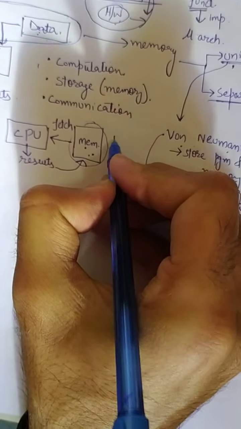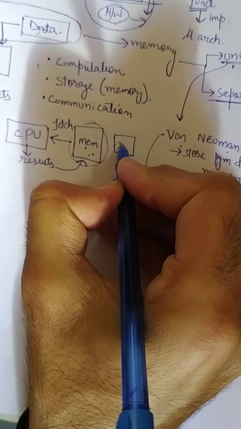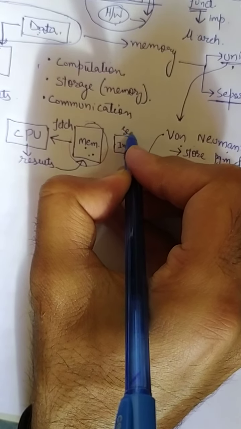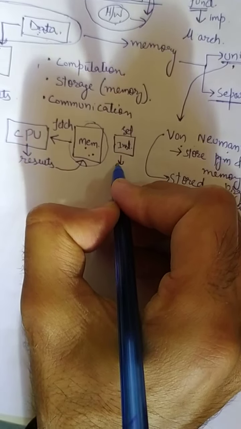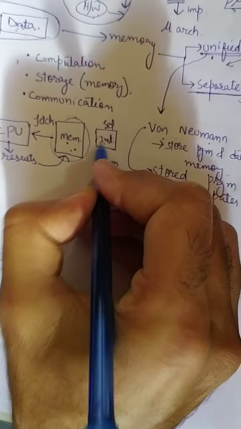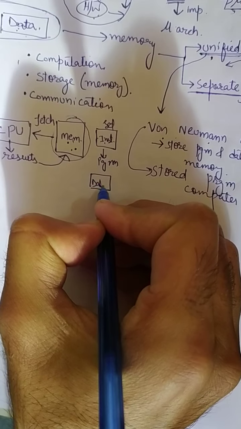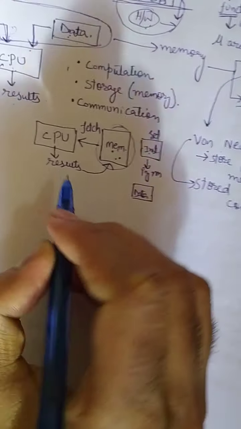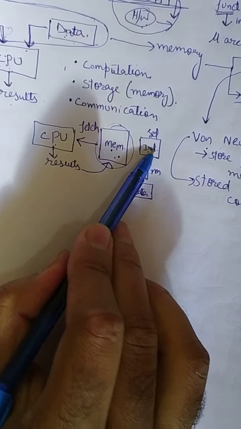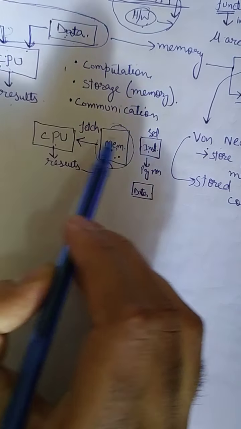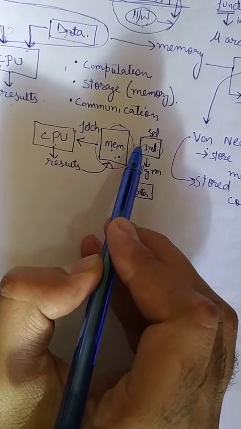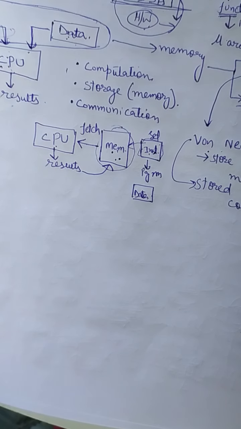So in this model, let's say this is my memory, and in the memory I have stored some instructions. A set of instructions is called a program. So I have stored a program in this memory, and I also have data in this memory. How will my CPU execute this set of instructions? It will get the instructions one by one from this memory.